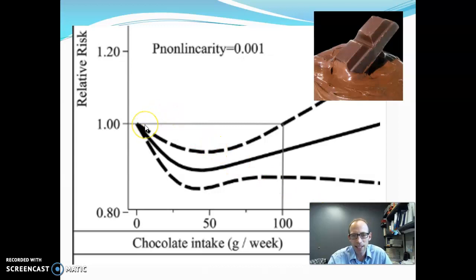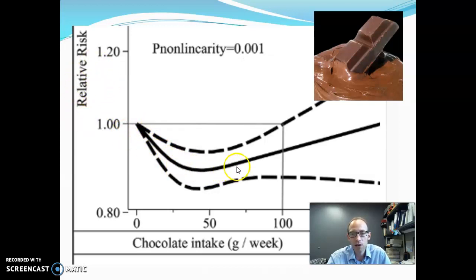And the idea is as you get a little bit of something, in this case chocolate, how many grams of chocolate you're eating per week, you get some kind of benefit. So in this case, it's relative risk of heart disease or heart incidence. So by eating a little bit of chocolate, now this may not be causation, but people who do eat a little bit of chocolate, they tend to have lower risk of heart disease.